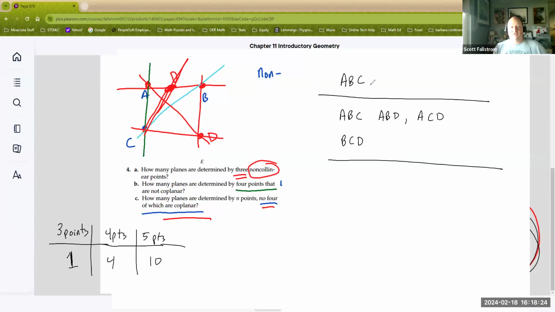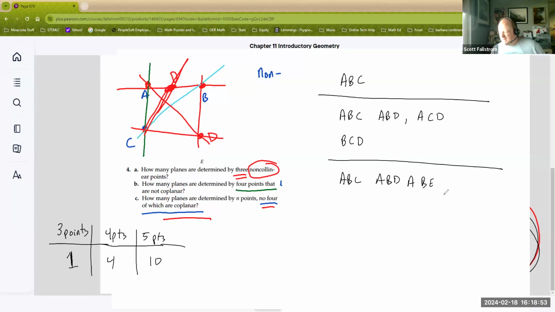So where we have 3 points, we have this one. Where we have 4 points, we get 4. Where I have a 5th point, I have all of these that I had before. That's the 4 I had, right? And then let's take a look and see what we add to it. Let's see here, BC. So I have ABC, ABD, ABE.